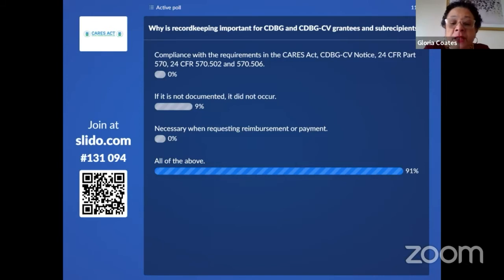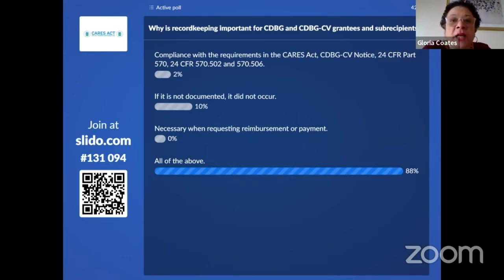Ladies and gentlemen, it looks like you all have hit the nail on the head. Most of you, I see the numbers going up and down, chose all of the above. And actually, all of the above is the correct answer. I see people going back and forth on "if it is not documented, it did not occur." A lot of reviewers or monitors may actually take that stance.